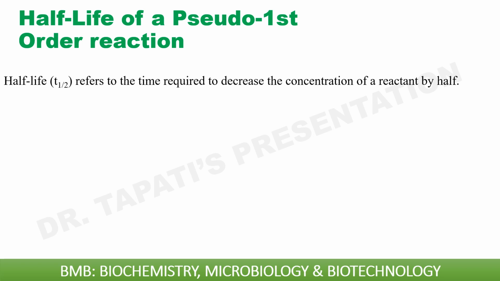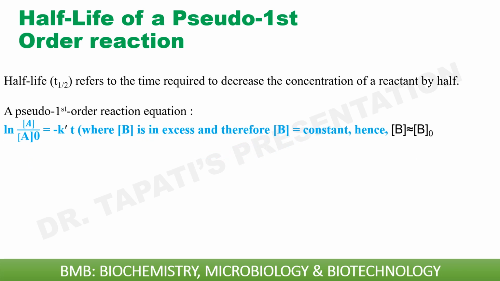As I have shown in my previous slide, a pseudo-first order reaction equation is ln A by A0, that is equal to minus K prime t, where B is in excess and therefore B remains constant, equal to the initial concentration of B. If we put t equal to t half, because we are calculating the half-life value, at that time the concentration of A will be half of the initial concentration.